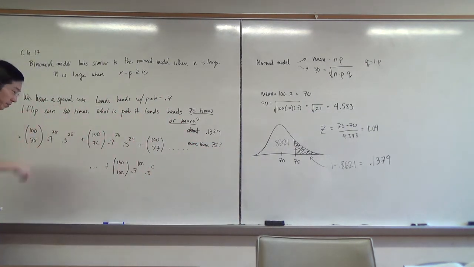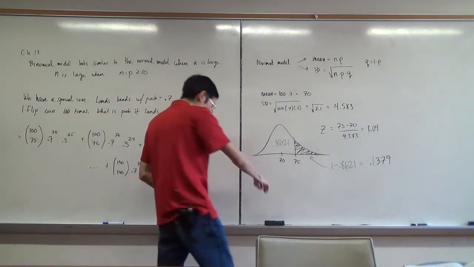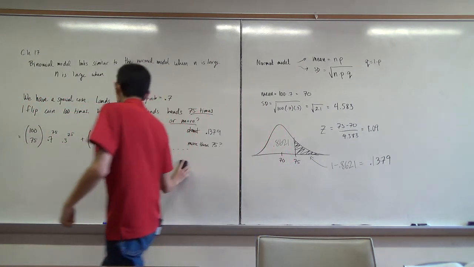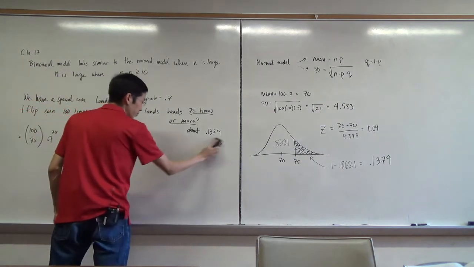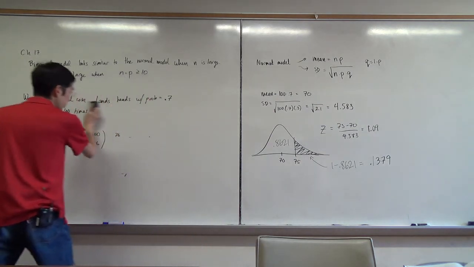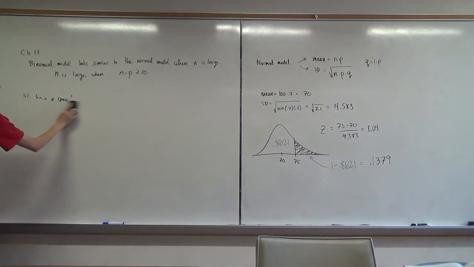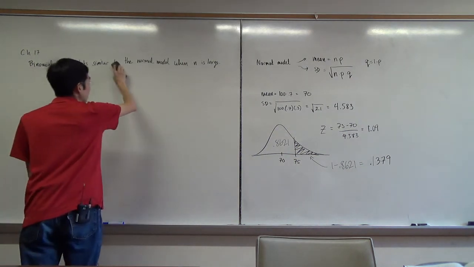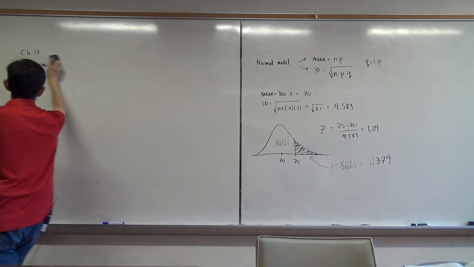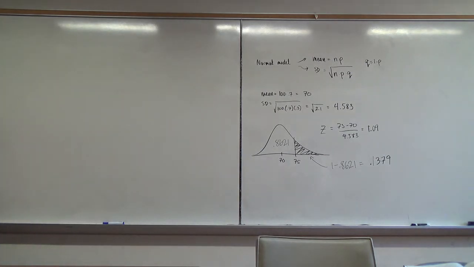Well, this feature is nice because we're going to start working in chapter 18 where we're dealing with sampling distributions. Sampling distributions for a categorical variable is pretty much just like a binomial model. It's very similar.